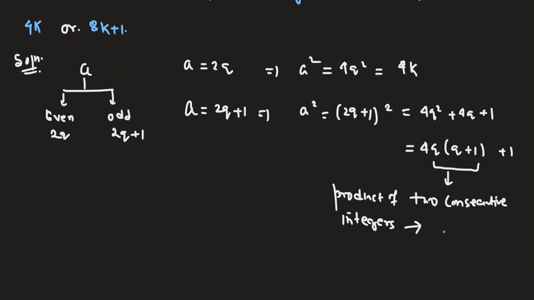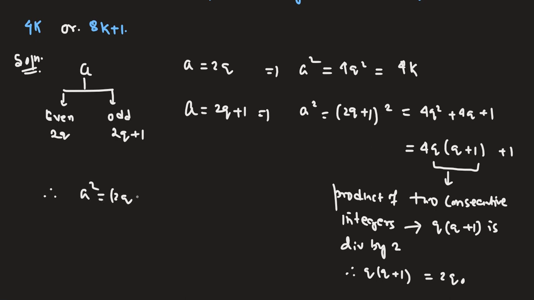So this implies q into q plus 1 is divisible by 2. Therefore q into q plus 1 we can write as 2 times q naught. So now what will happen? a square, which is 2q plus 1 whole square, is 4 times q into q plus 1, that is 2q naught plus 1, which will be 8 times q naught plus 1. If I replace q naught by k, I have 8k plus 1.